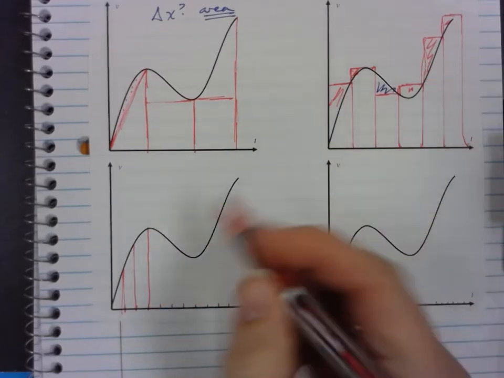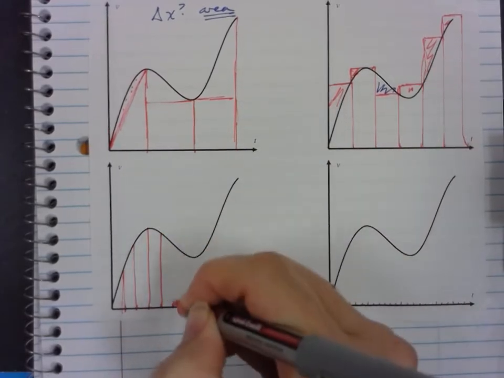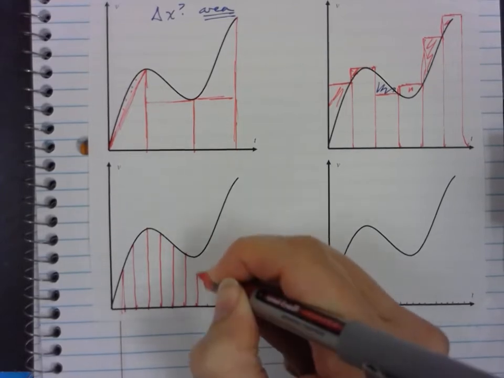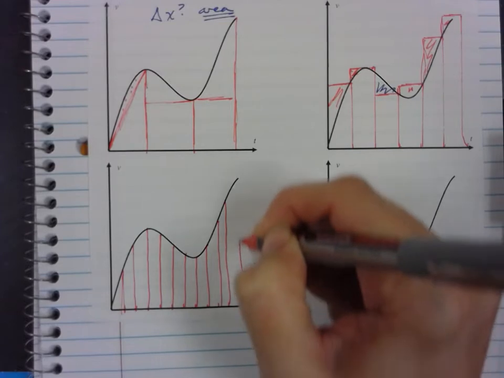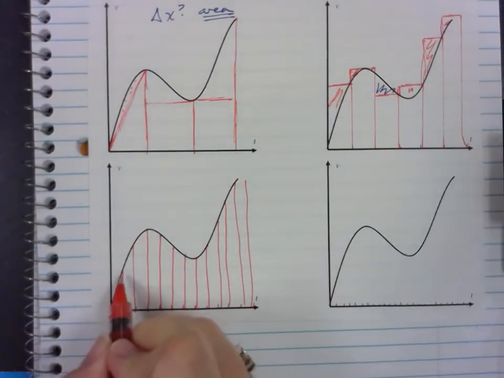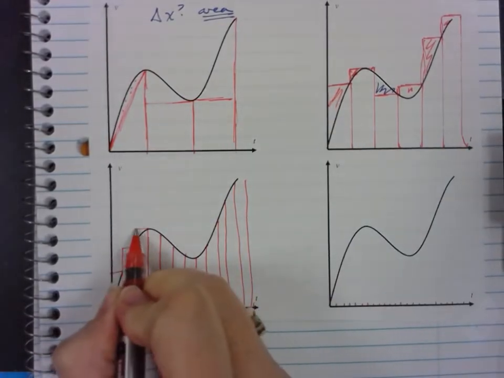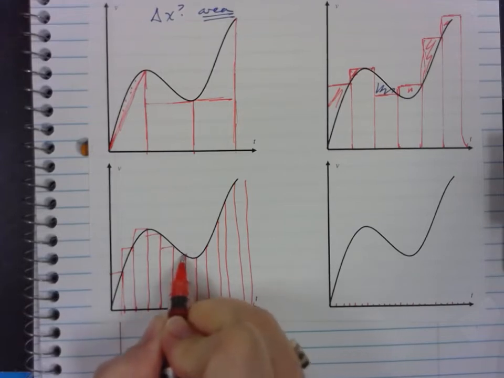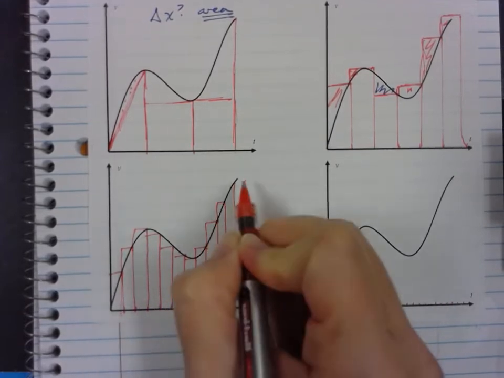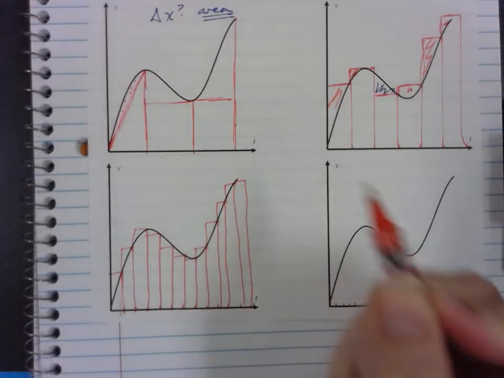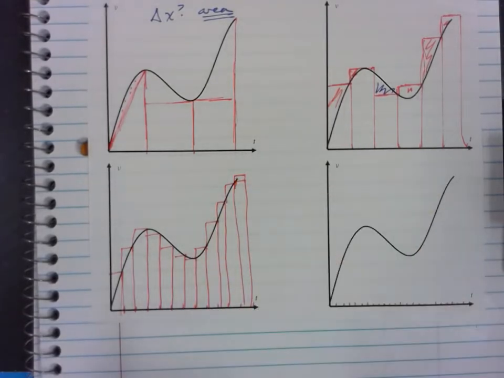Instead of 6, I broke this one into 12. So after I draw these in, now when I do my rectangles, they're a lot closer.